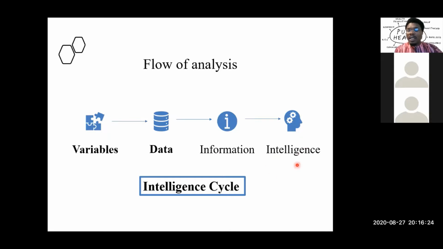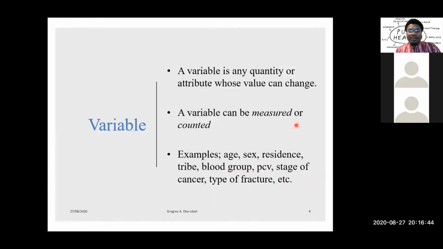So our ultimate aim is to gain intelligence and deeper understanding of a research problem. But usually we begin by identifying variables that will help us measure that research problem. And we go through this cycle, and then we end up with the needed intelligence.